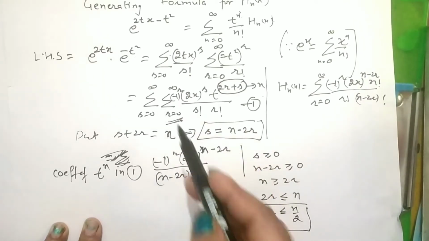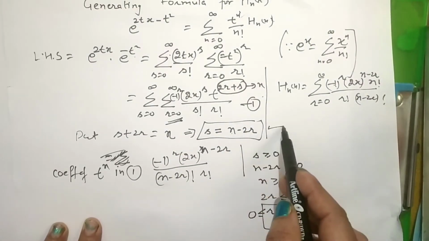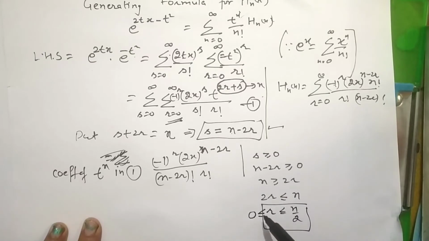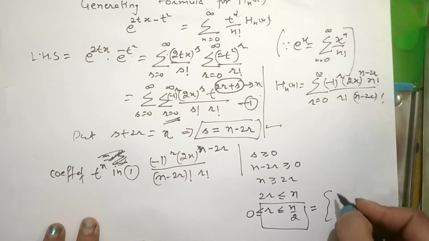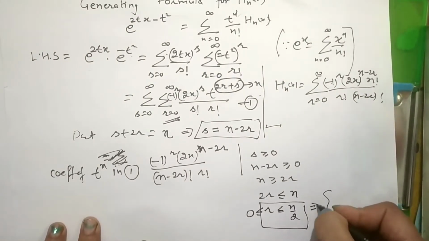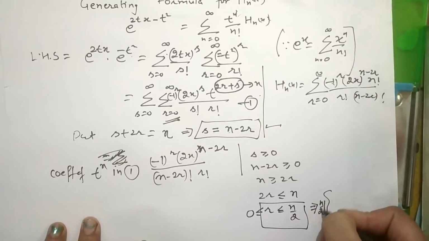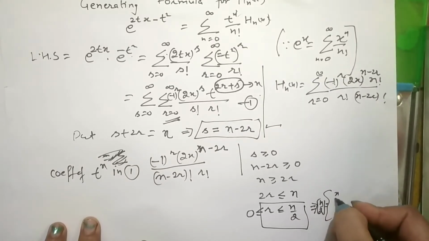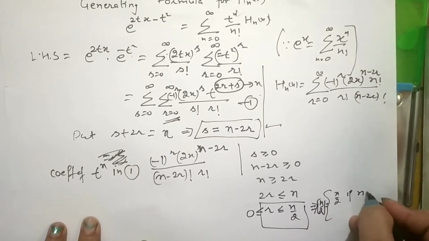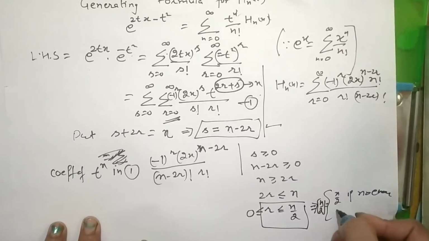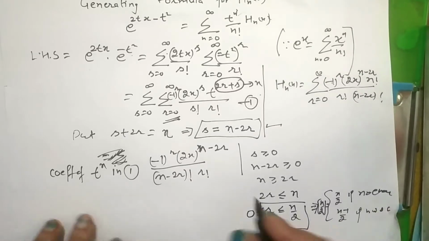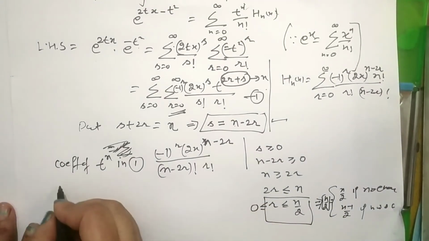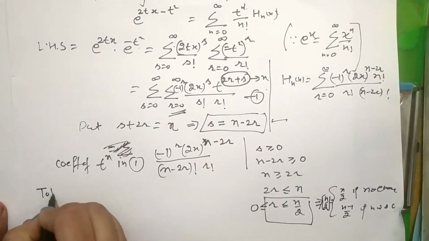With this condition, r must go from 0 to n by 2, and because n is an integer, this value, n by 2 box, will be n by 2 if n is even, and n minus 1 by 2 if n is odd, right?